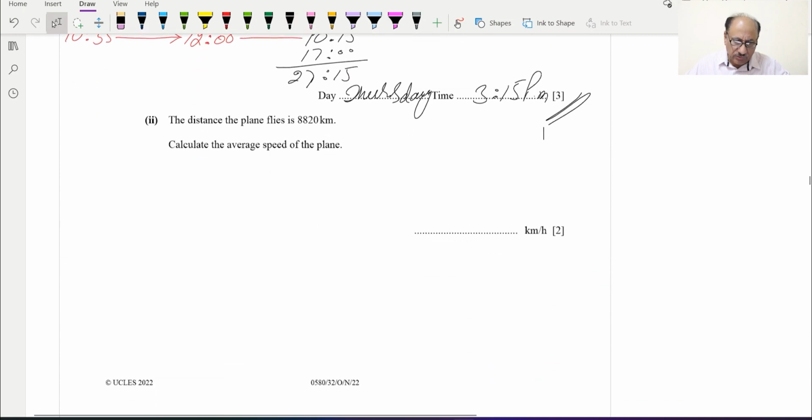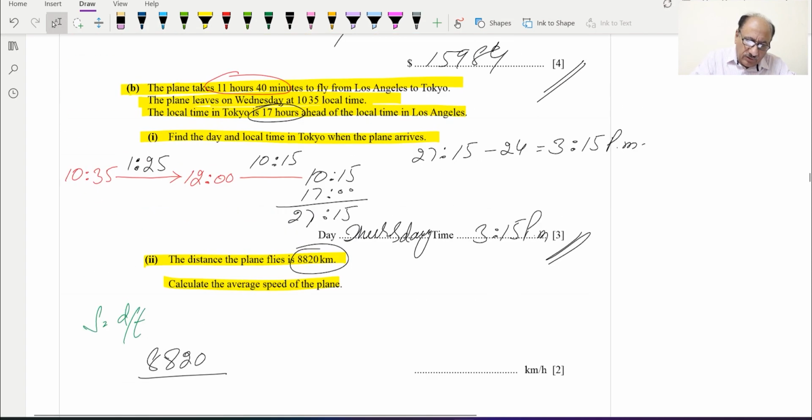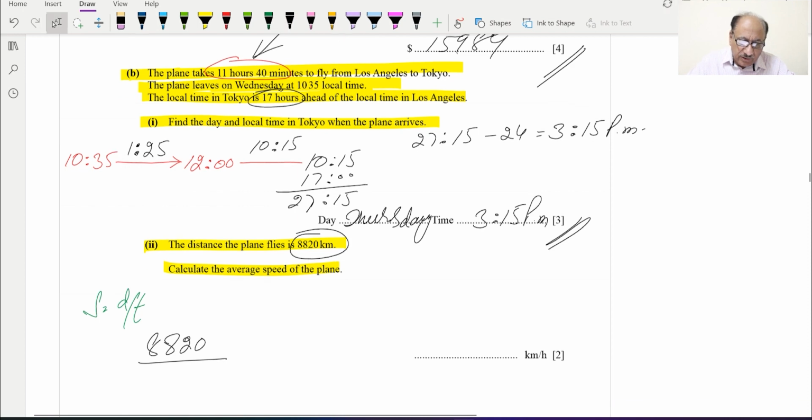Hopefully you understood this. Now the distance the plane flies is 8,820 kilometers. Calculate the average speed. So speed we know is equal to distance over time, and distance is given as 8,820 kilometers, and the time taken is also provided, which is 11 hours and 40 minutes.